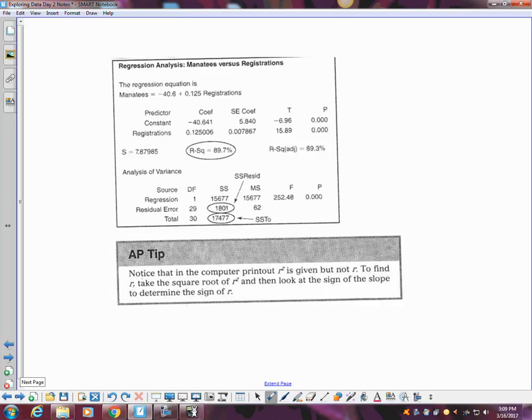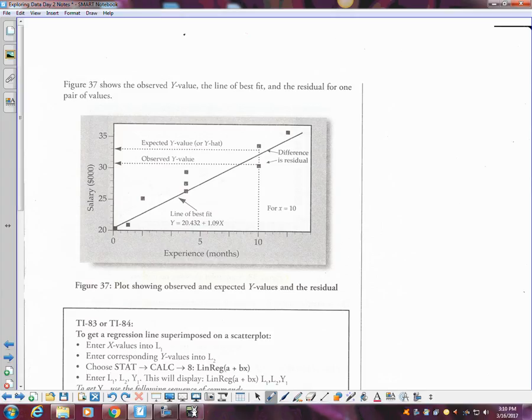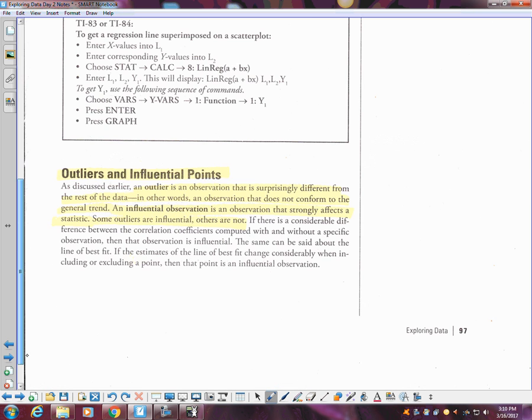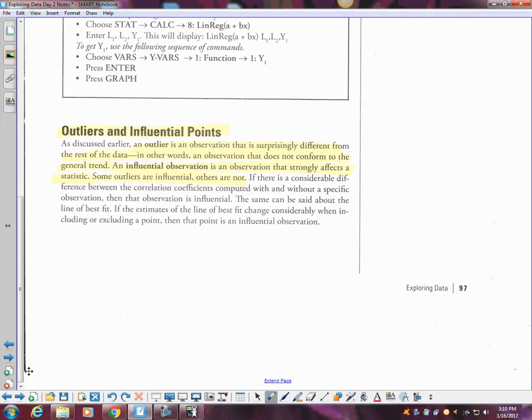We're good on all that. Okay, this is talking about the residual, the difference between observed and expected, and that the difference is the residual, what we talked about, so you should be fine. Okay, let's talk about outliers and influential points.